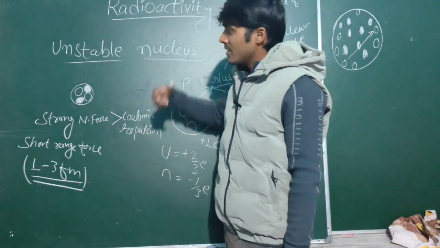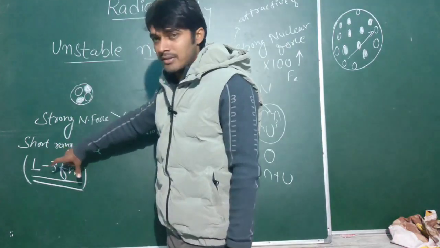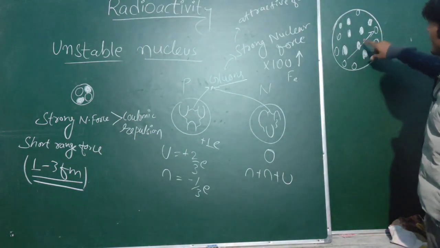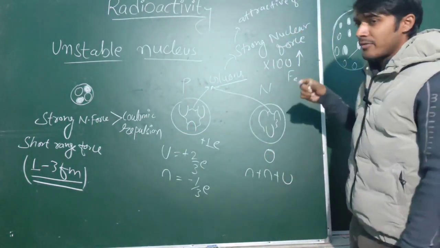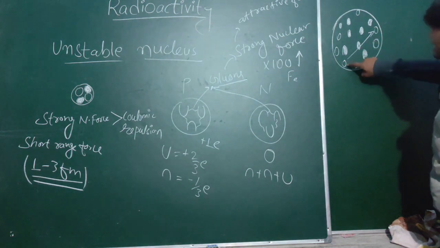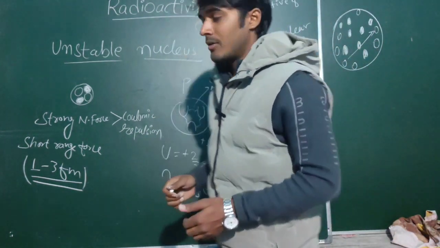So the repulsive force will act up to infinity, but the strong nuclear force will act only over a very short range. So when the size increases, the charges at the very opposite end are still exerting the electrostatic force of repulsion on the other charges, but due to this large distance, the dominance of the strong nuclear force becomes minimal, or reduces.